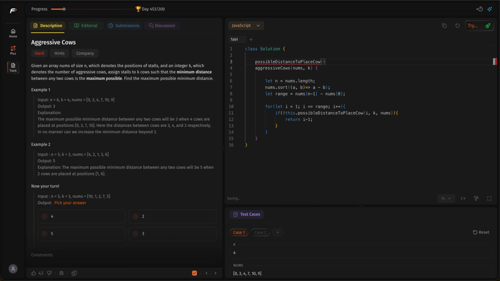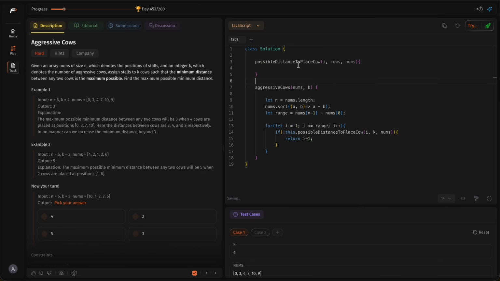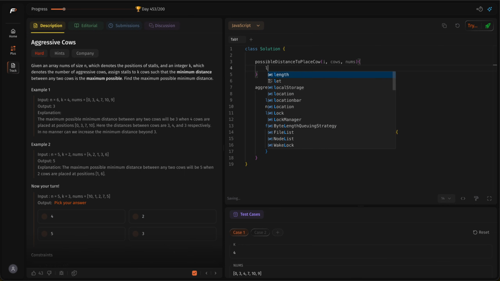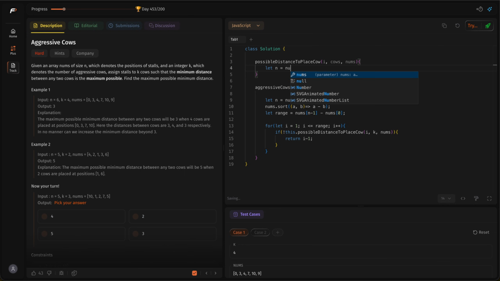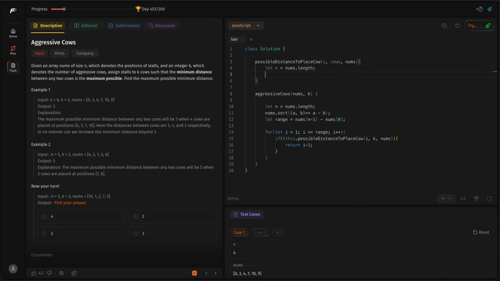Over here I'm taking i, and I'm taking cows, let's call it cows, and I'm taking this nums array. Now let's take the length of this array, nums.length.